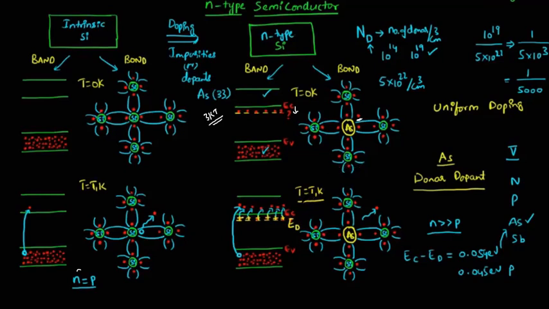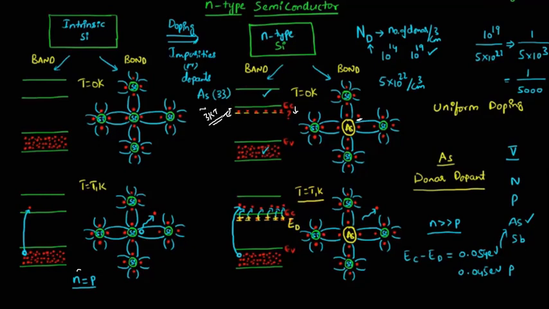Obviously, whatever was happening in intrinsic silicon will happen: some electrons will move from the valence band to the conduction band. This is just the energy difference between this level and the conduction level, almost equal to 3 kT.